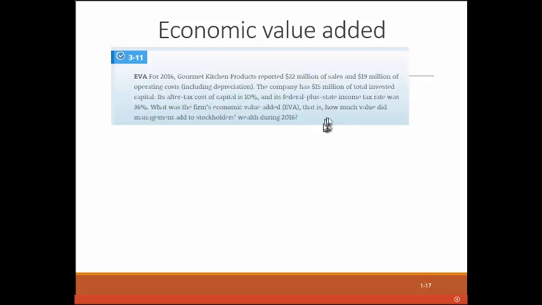The company has $15 million total invested capital, and its after-tax cost of capital is 10%. Its federal plus state income tax rate was 36%. What we want to do is to calculate the firm's economic value added, EVA. That is, how much value did management add to shareholders' wealth in 2016?